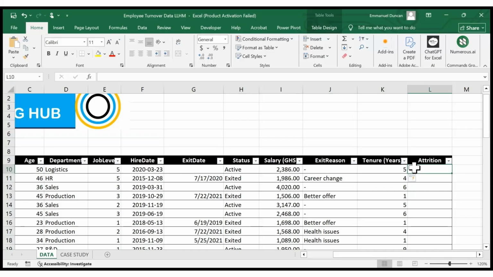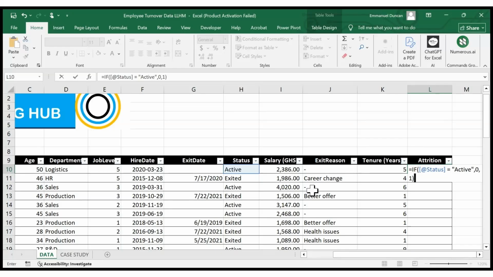Let us also calculate the attrition. For the status, if the employee is actively with the company presently, we are going to represent that employee with our risk band of zero.